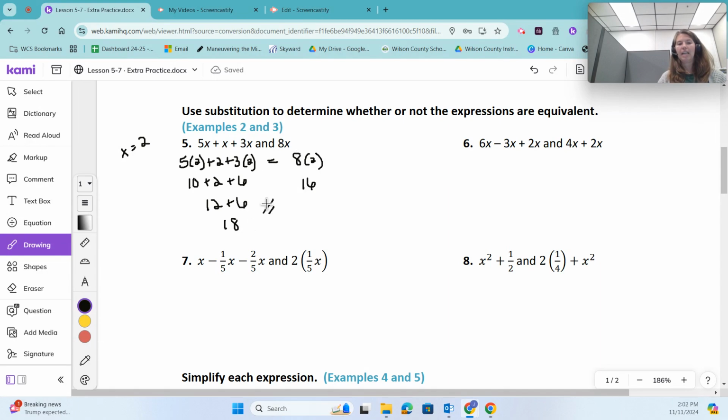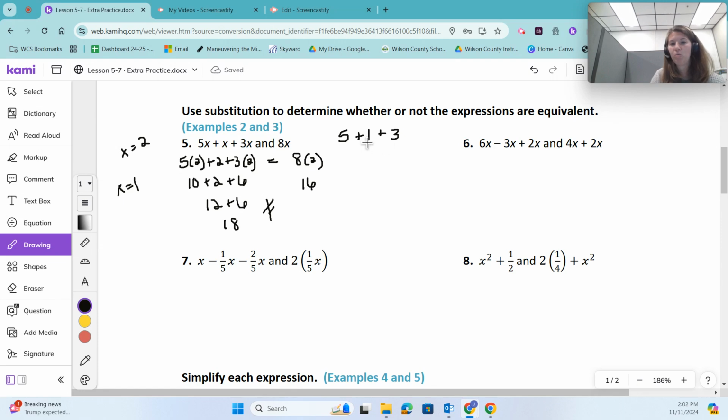Those are not equivalent. Now just to show you, I am also going to pick another number to double check. You can pick any number for x. I'm going to also pick 1. What if I pick 1 for x? 5 times 1 is 5 plus 1 plus 3. 3 times 1 is 3.